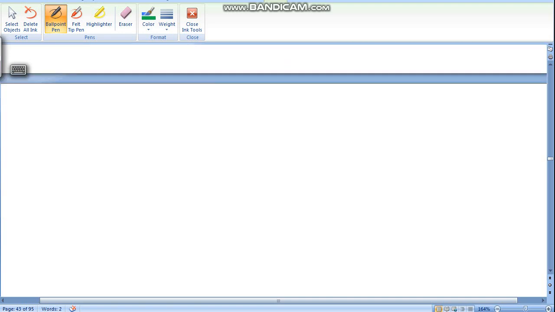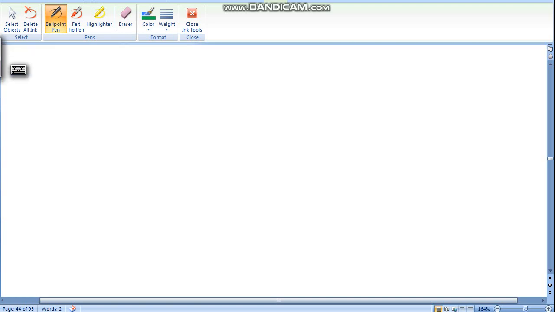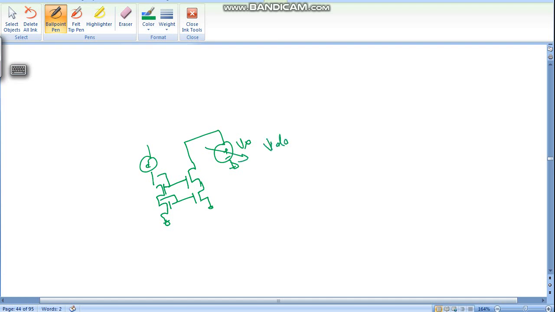Okay, now consider this cascode current mirror. This is Vx. Now suppose we reduce Vx from VDD to 0. This is 1, this is 2, this is 3, this is 4.